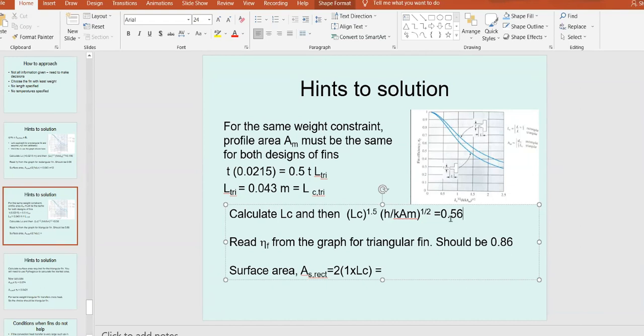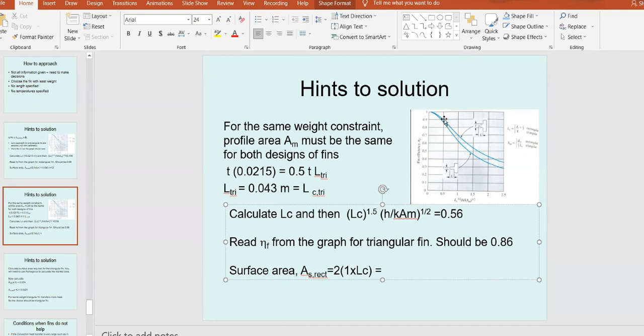Okay, এখন আমরা we go to the chart again, and against the 0.56 basically means close to 0.6. So you go all the way up and look at the triangular fin data, which is just below 0.9.